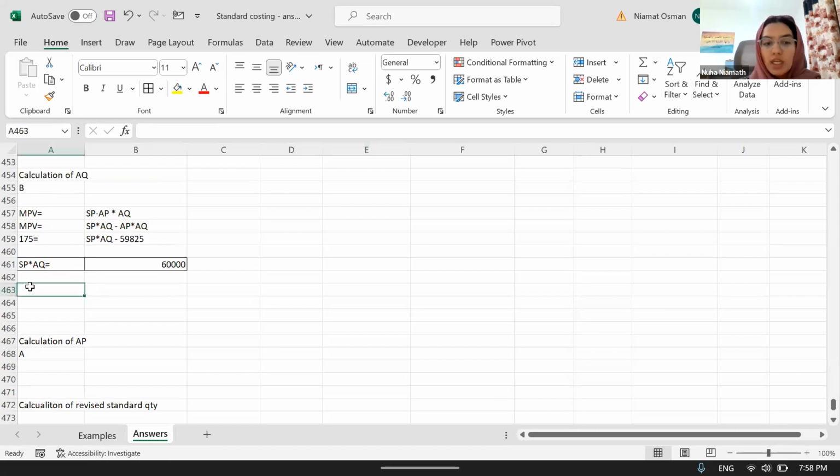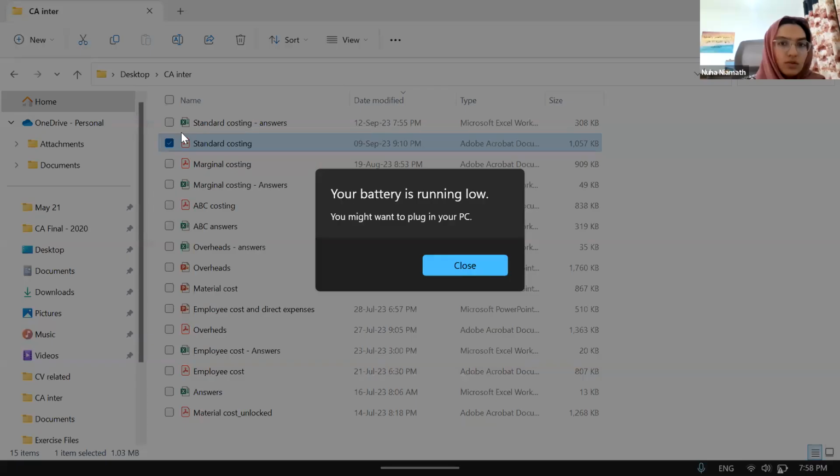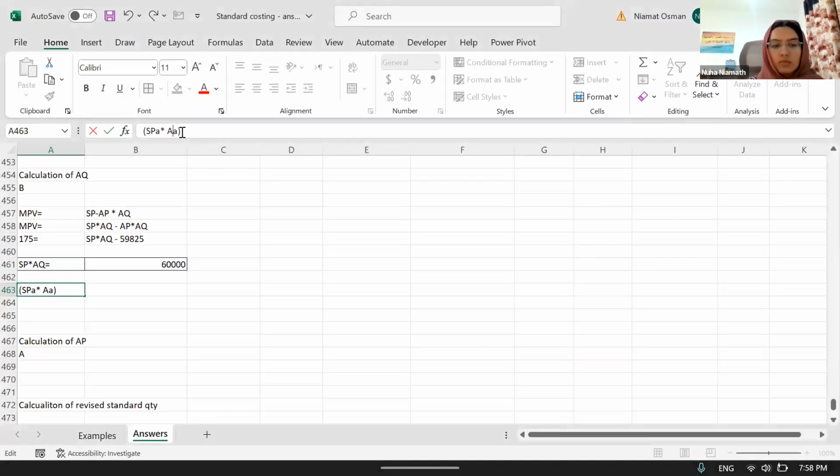So if you had to bifurcate this, it would have SPA into AQA, plus SPB into AQB.